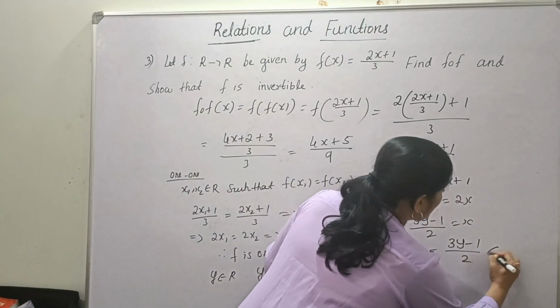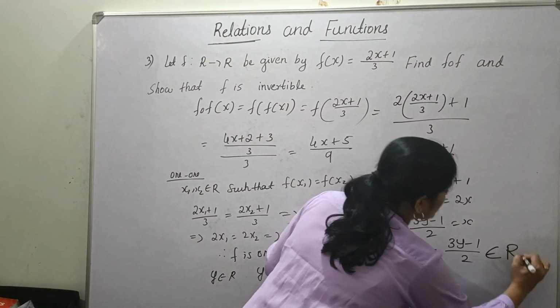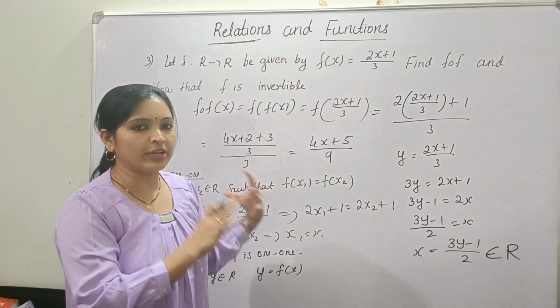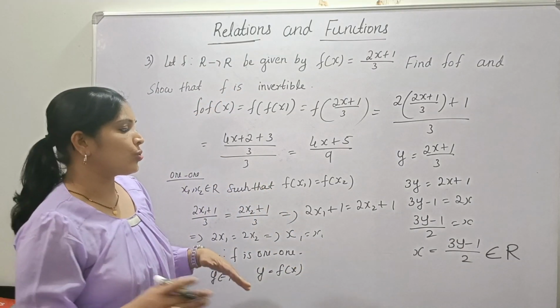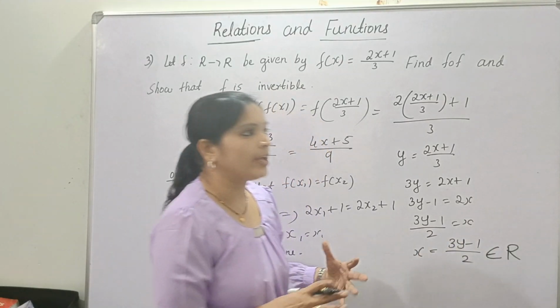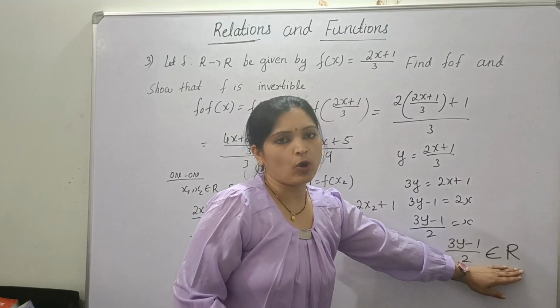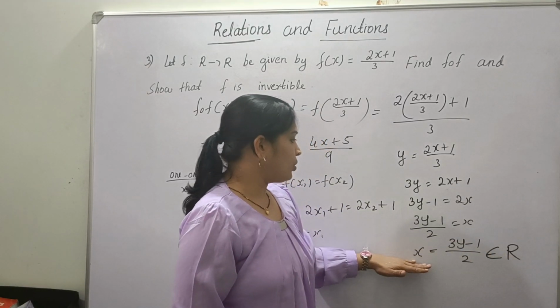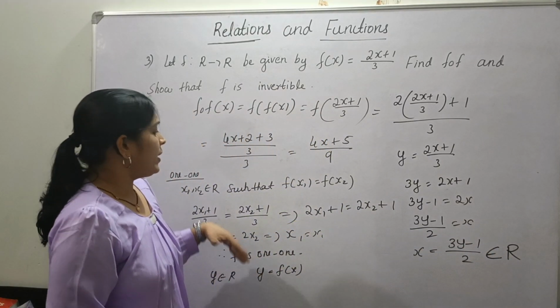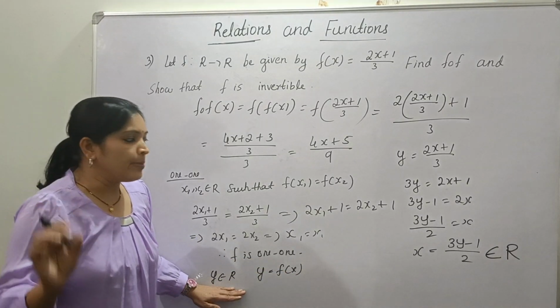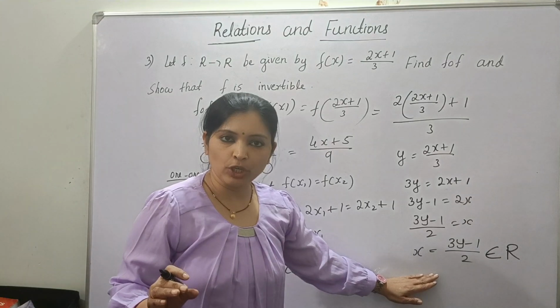So it belongs to the set of real numbers, because our function is from R to R, the set of real numbers to the set of real numbers. So if you substitute any value in y, you will get another real value that belongs to R, right?